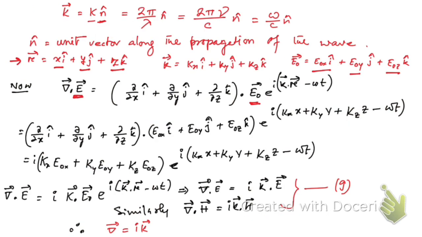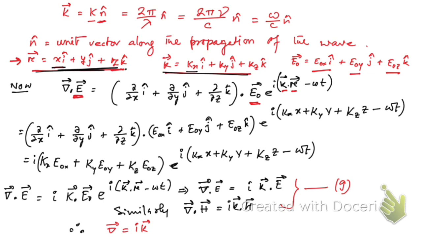So that is what I have written here instead of E. Now you see k dot r: if you take the dot product of these two vectors, k dot r, we get kx into x. Similarly we will get ky into y, kz into z, right? So hope you have understood this.